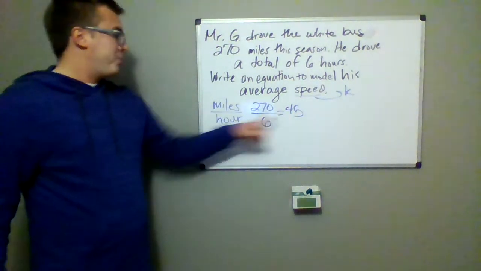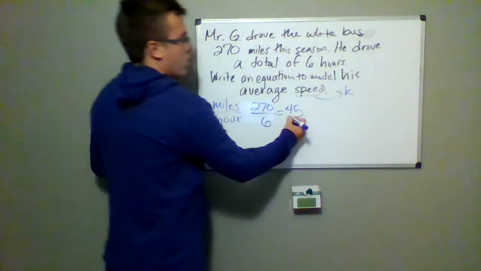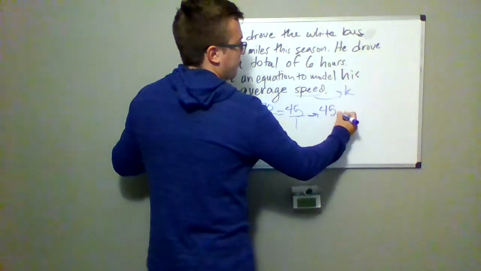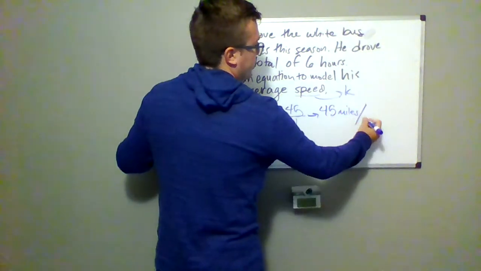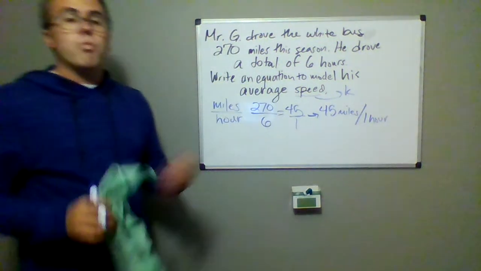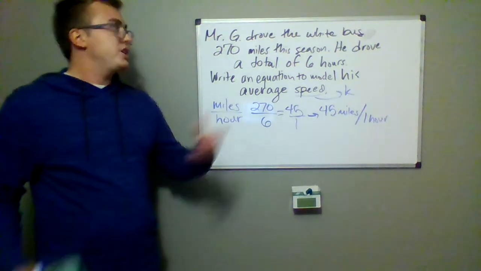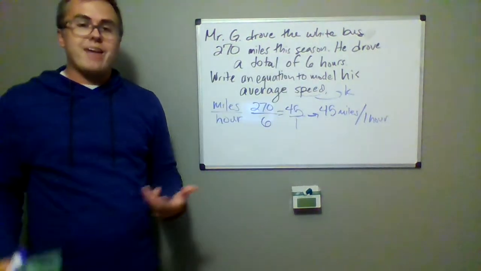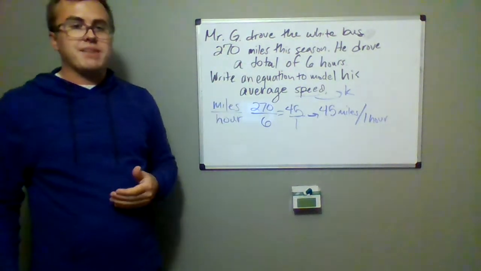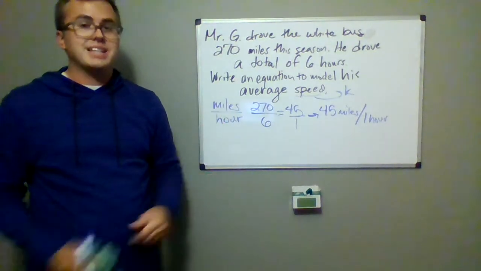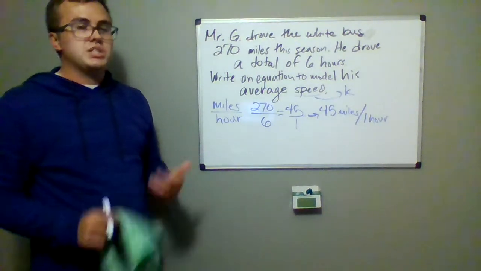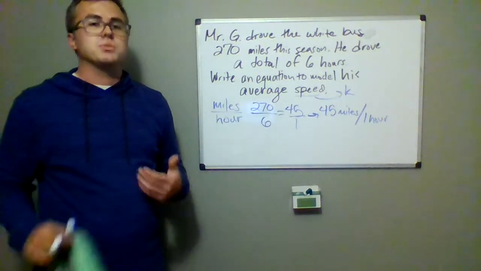Now, don't be fooled though, because that just means it's 45 over 1, which means that it is 45 miles per 1 hour. So 45 miles per hour was the average speed. So Mr. G, I drove the white bus at an average speed of 45 miles per hour over those 270 miles in 6 hours. That doesn't mean the entire time I was driving the bus I was going 45 miles an hour. That just means that was the average speed that the bus was going.